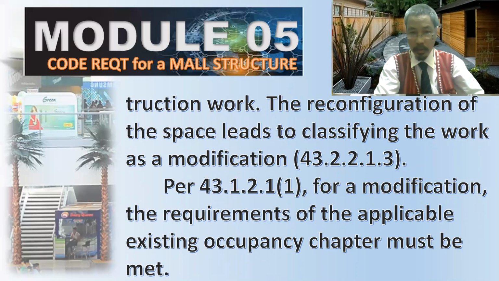The construction of the space leads to classifying the work. The reconfiguration, because you have to make it for a different purpose, we have to reconfigure the space. That leads to classifying the work as a modification.